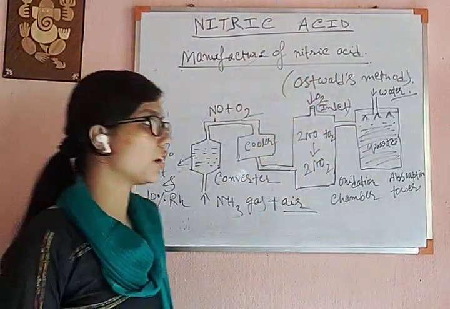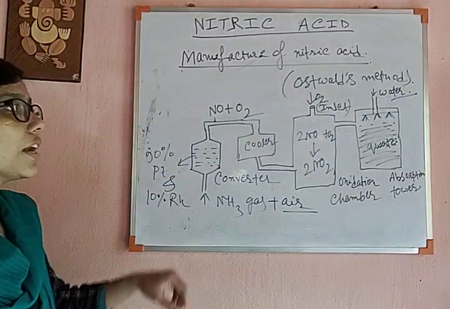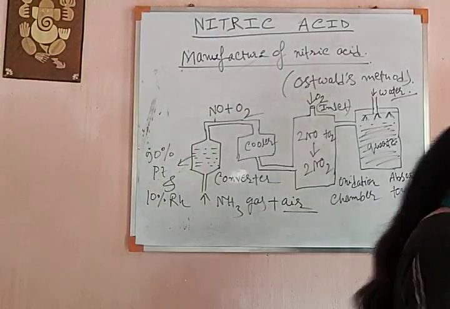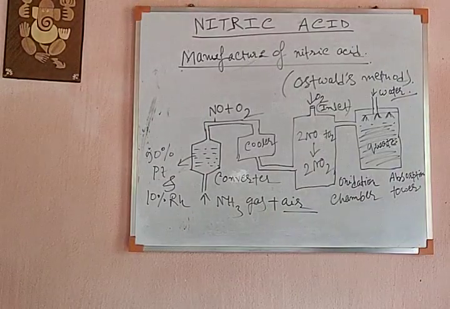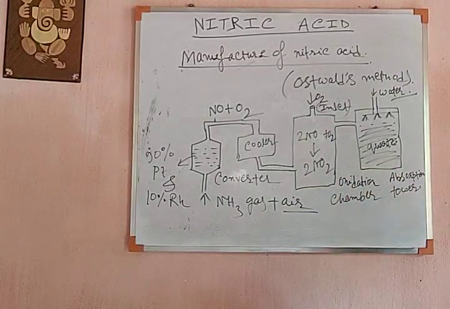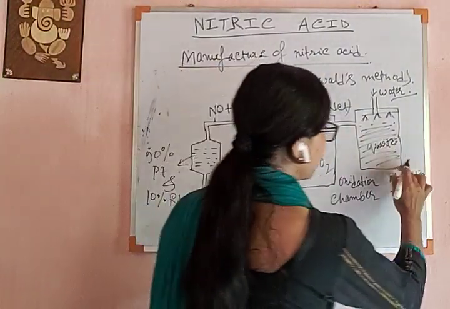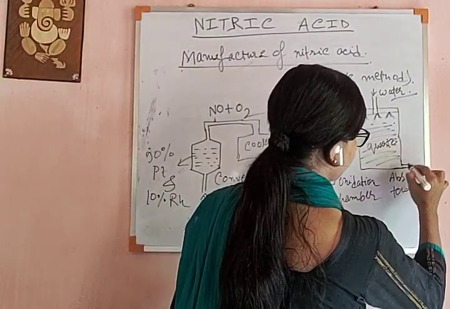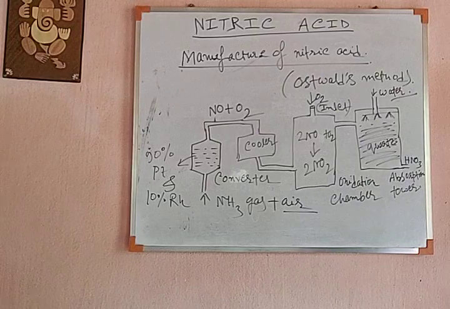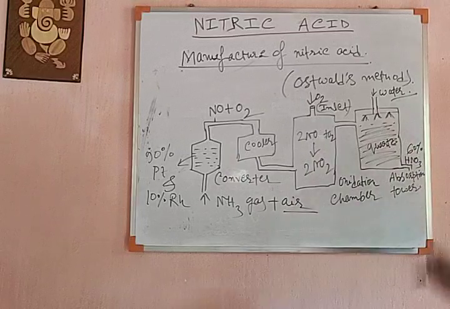When we spray water, nitrogen dioxide dissolves in water and is converted into what? Nitric acid. So here we are getting nitric acid, HNO3, and this is 60% HNO3.